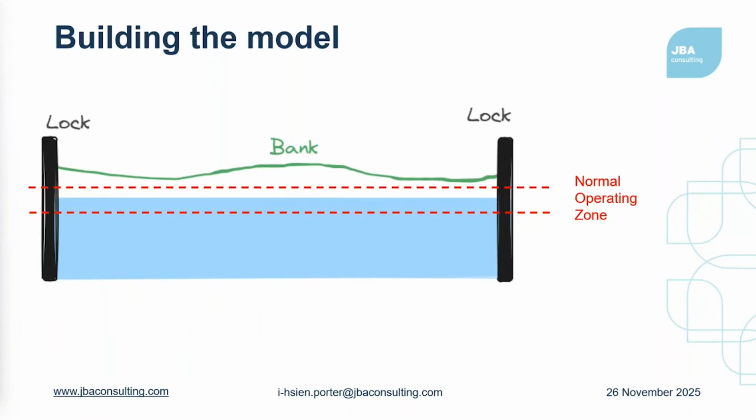And so when it came to calibrating and proving our model, the test that we did was to run the model with a number of different flow scenarios and to look at whether the structures in the model were able to regulate water levels back to the normal operating zone as they would in reality.